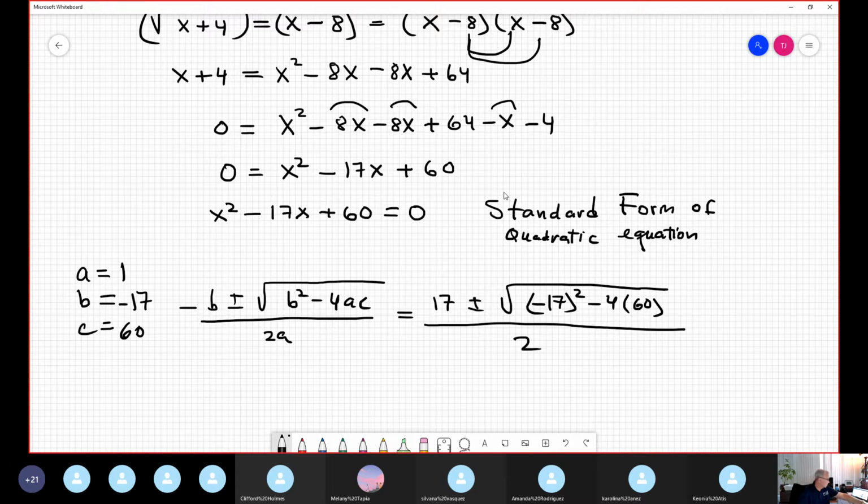So I put in my calculator. Wait a second. I put in my calculator 17 squared. Actually, I don't need to put negative 17 because if you put negative 17, you need to enclose the parentheses. But I know that when you square any number, negative number becomes positive.